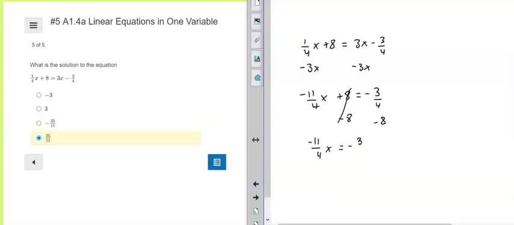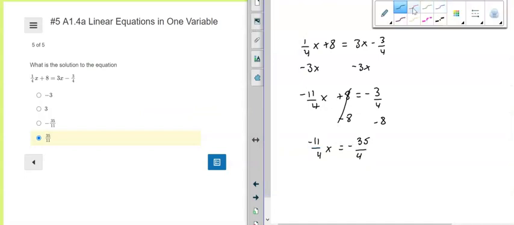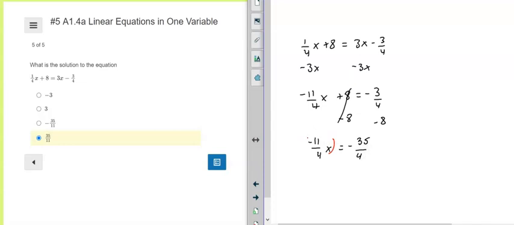Negative 35 over 4. And then to get rid of that fraction right here in front of the x, I'll multiply both sides by the reciprocal, 4 over negative 11, or just make sure to multiply by the negative because I want to get rid of the 4 as well. I mean the negative as well. So that crosses everything out.